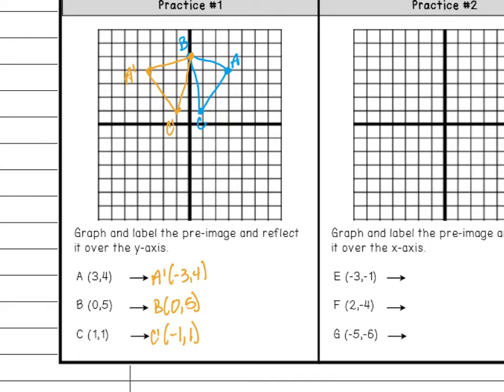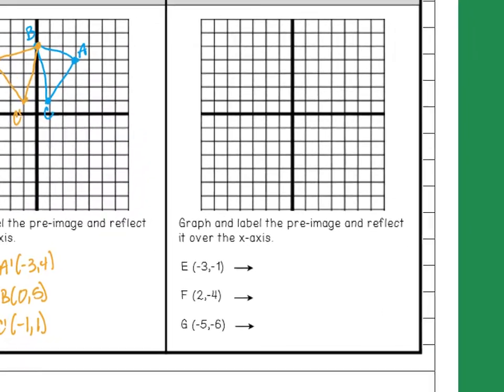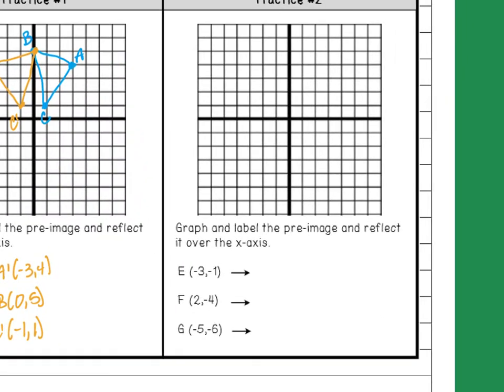Okay, let's try the second one. So here we go. This time, which axis am I reflecting over? Over the x-axis, see? So this time I'm going to reflect over this axis. Okay, so try that. What am I reflecting it over? The x-axis.